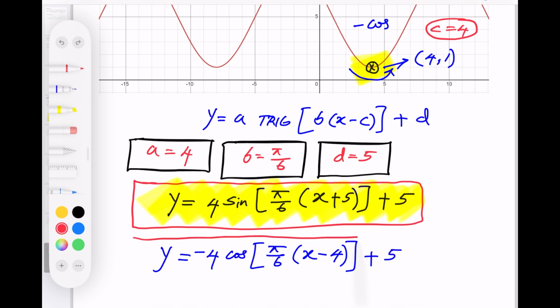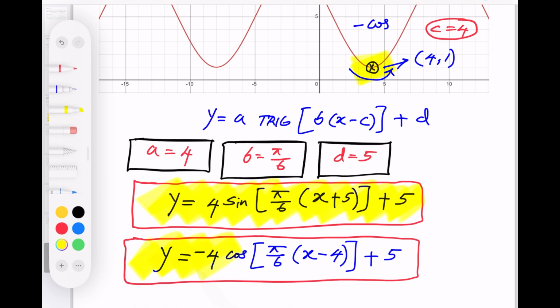This is the equation of the sinusoidal using the point 4, 1. Once again, try to obtain the graph of this function using Desmos and see if it looks like this.